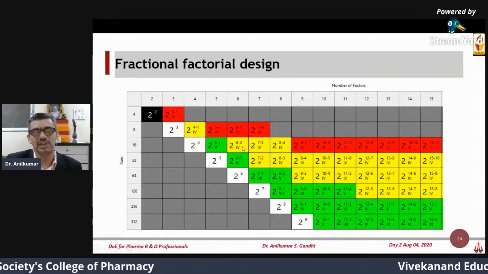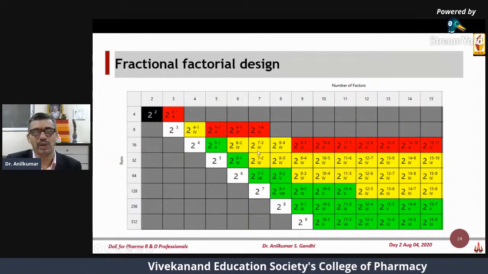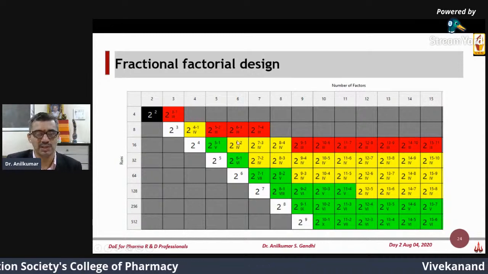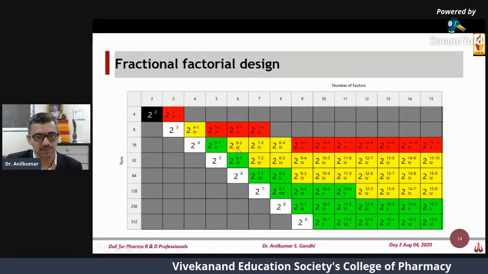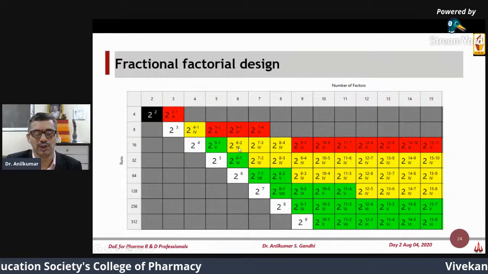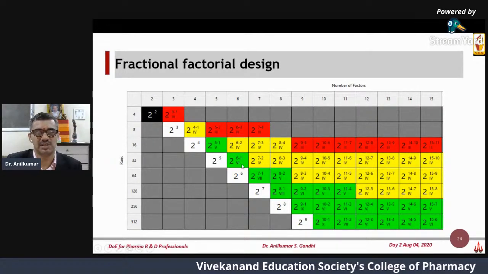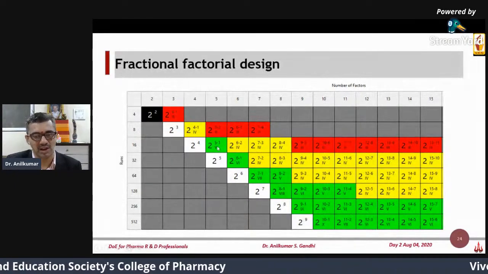There is something intermediate, the yellow colored, where you have the resolution 4 design. So here you will see 2 raised to power 6 minus 2, and on the subscript you will see the resolution. Then there are the resolution 5 or 6 designs, which are very good choices, marked as green.